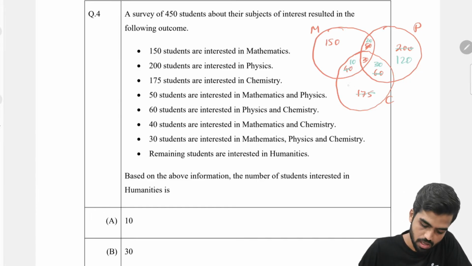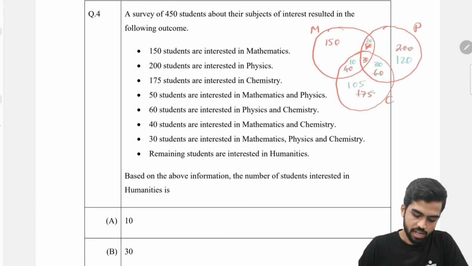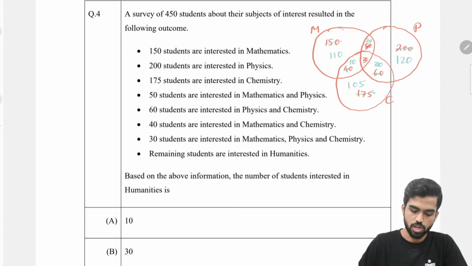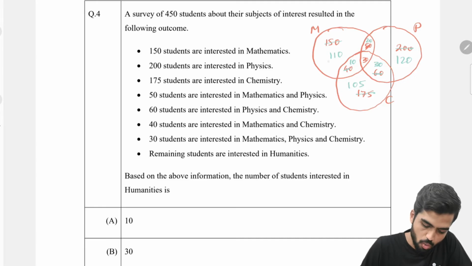So this will give us 105, and 150 minus 20 plus 30, 50 plus 10, 60. The total number of students would be 110, 120, 105.